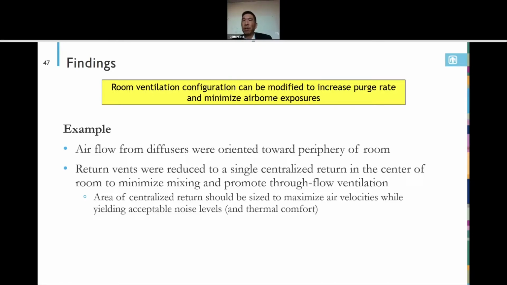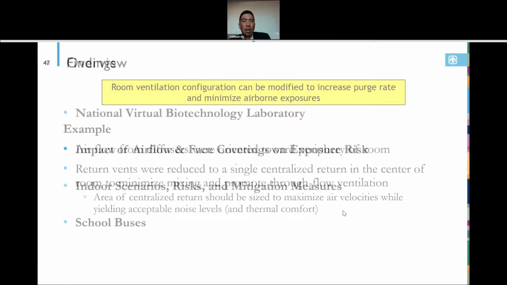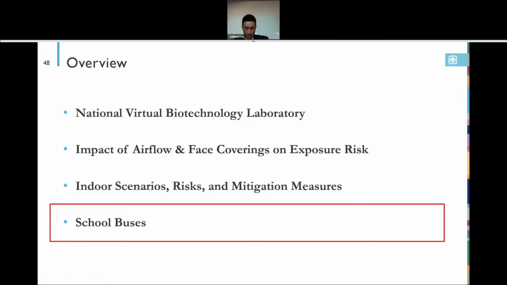So promoting that crosswind scenario that we saw earlier was effective. A note here that the centralized return should be sized to maximize air velocities while yielding acceptable noise levels and thermal comfort.